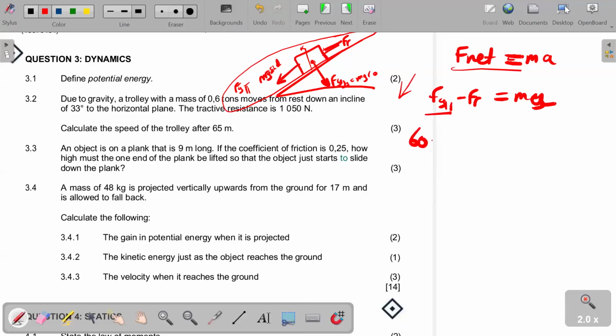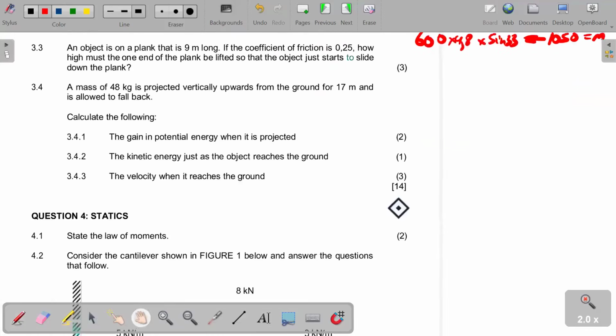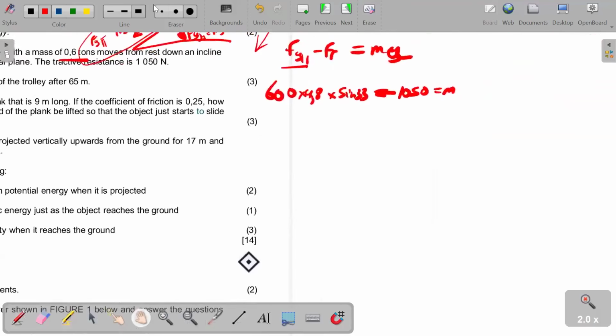It's going to be 0.6 tons, multiplied by 1,000, that's 600 kg, multiplied by 9.8, multiplied by sine 33, minus 1,050, is equal to the mass 600 times the acceleration that we are looking for.